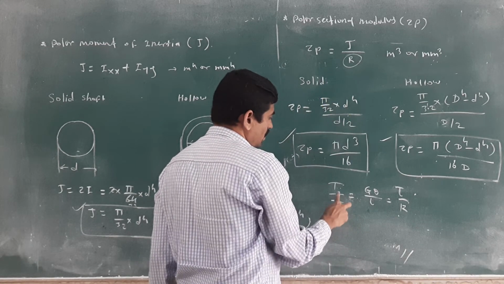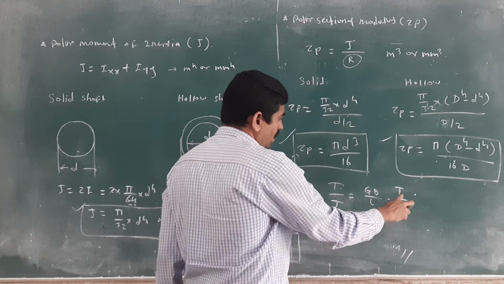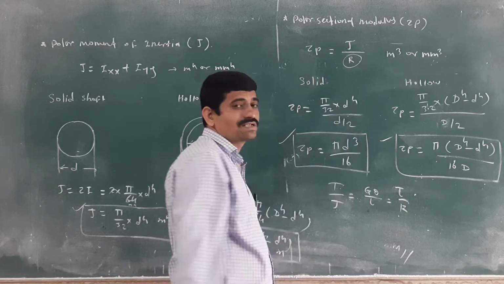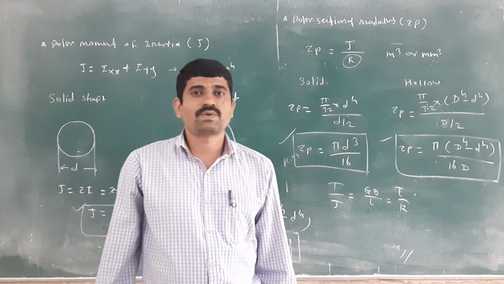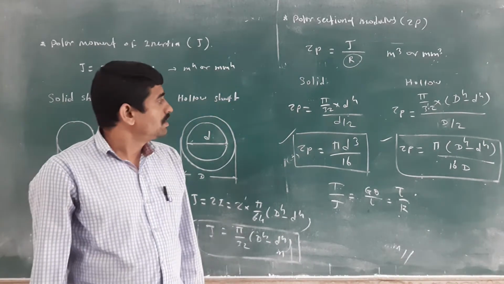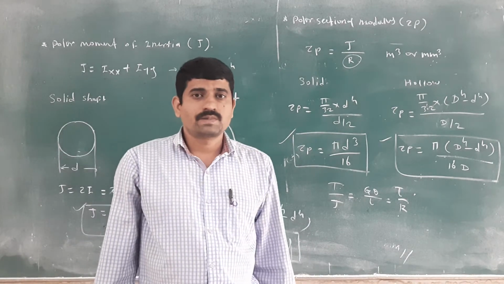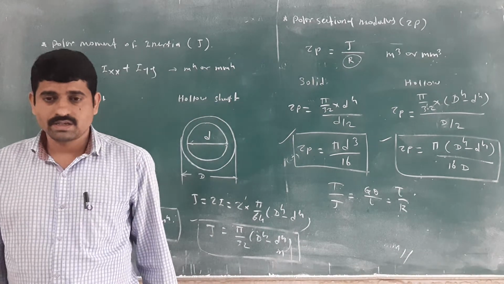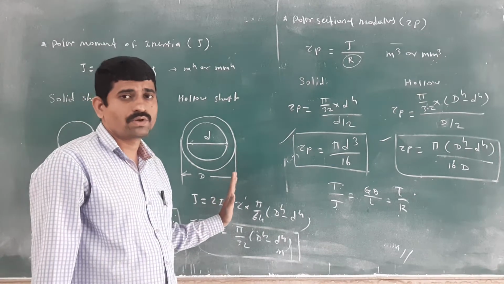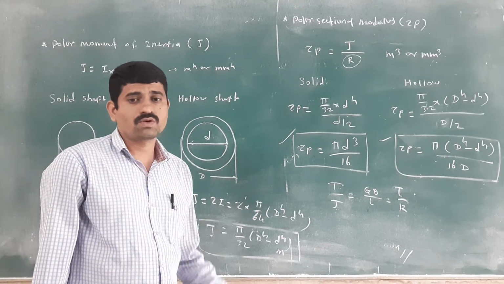ZP means what again? T is equal to J by R into tau. What is J by R? Again ZP. Okay, all of you getting this? Yes, very good. Any doubt? Yes, then we will go ahead.